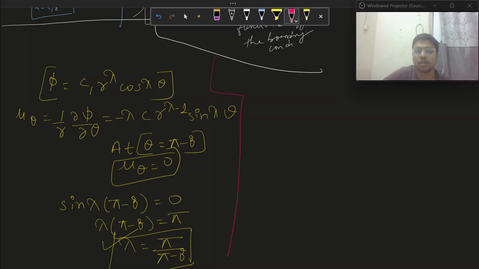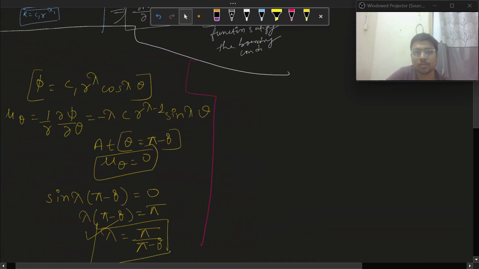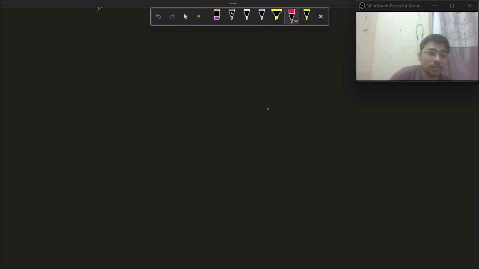Now, u_r is equal to ∂φ/∂r. We know that this is c1 λ r to the power λ minus 1 cos λθ, and at θ equal to 0, u_r is equal to u_infinity of x, which is c1 λ x to the power λ minus 1.